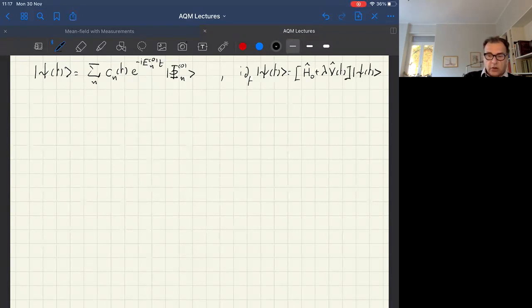So what we do is we plug this expression here and find what set of equations the coefficients Cn should obey.